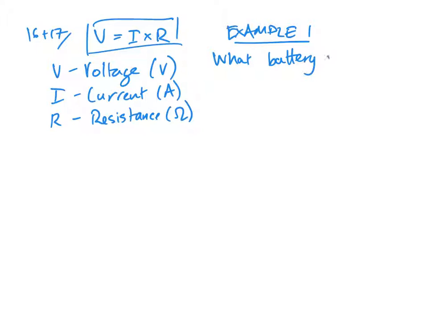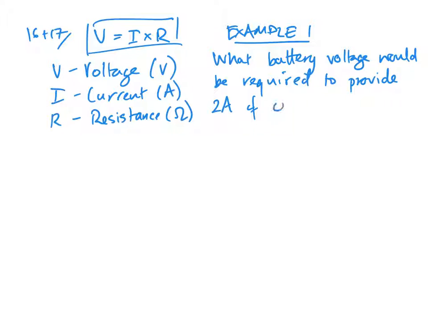So what battery voltage would be required to provide 2 amps of current through a 6 ohm resistor?